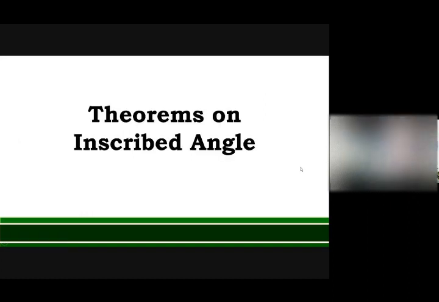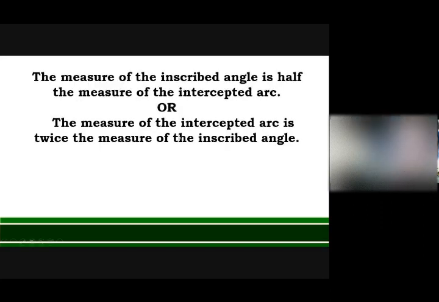Okay, how about the theorems on inscribed angle? So pag sinabi natin, di ba, ang inscribed, yung angle ay na-form doon sa circle. Okay? So, let's have a theorem here. Sabi rito, the measure of an inscribed angle is half the measure of its intercepted arc.